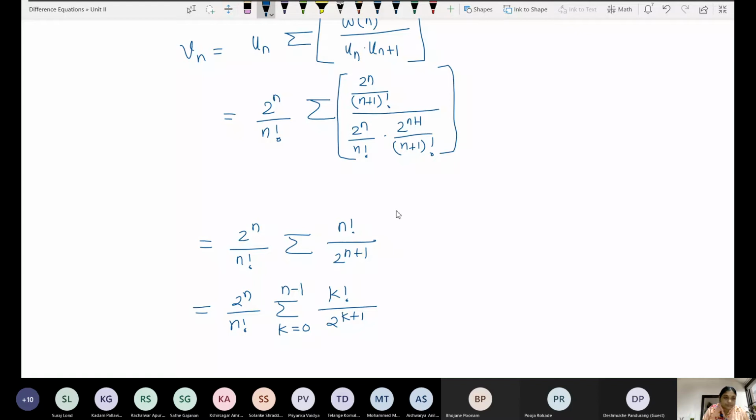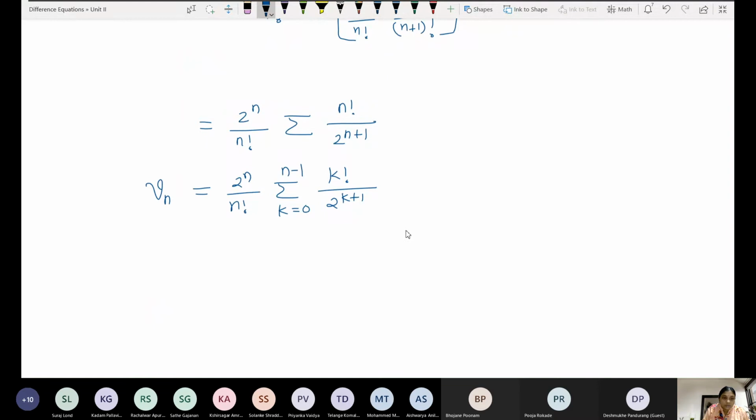Is that okay? So the general solution of equation 1 is, what is that?